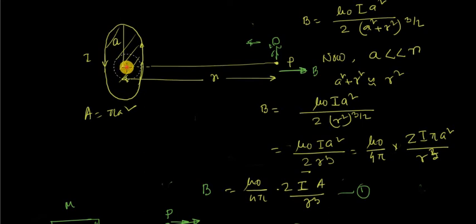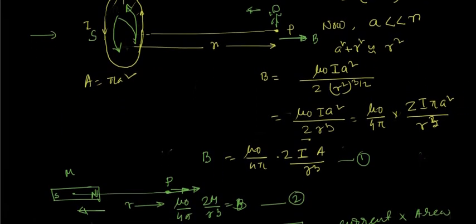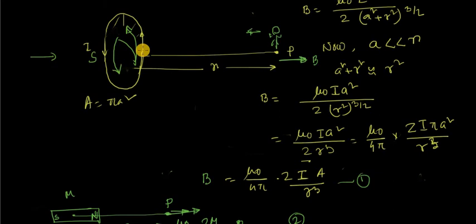Why so? Suppose this is anti-clockwise current, so we can draw N over here. This anti-clockwise current is equivalent to a north pole. As this observer observes from this side, it is the north pole, so from the other side it would be the south pole. The lines of force go outward from the north pole and inward to the south pole.